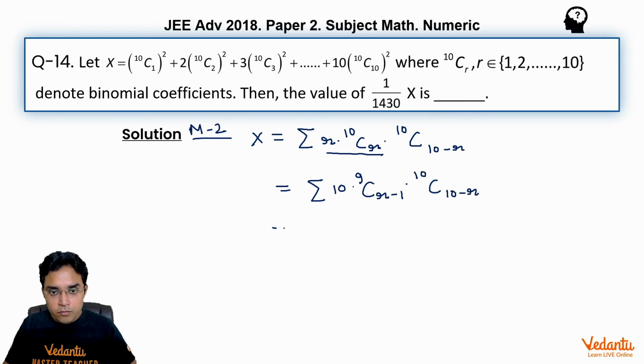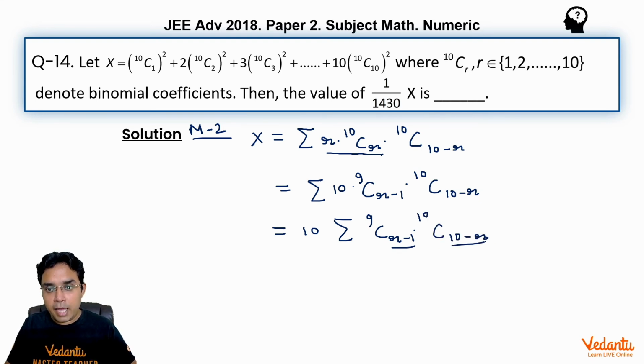Now we can take 10 common and you can see we have a product of coefficients so that the number written below has the same sum, that is 9 here, and the sum here is 19. So this can be directly written because that's a very standard process, 19C9. That will be the answer of x.